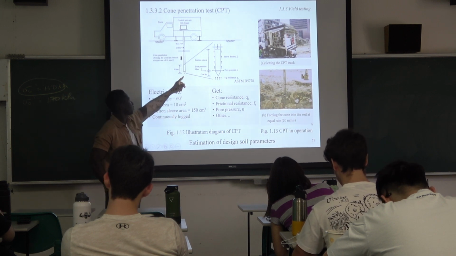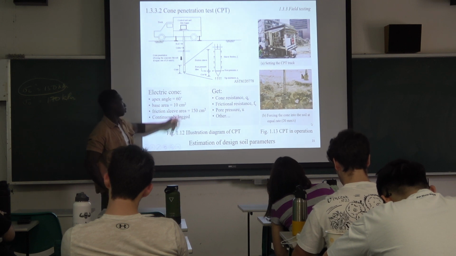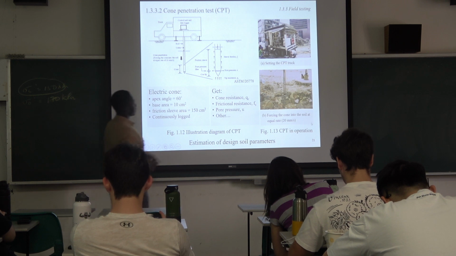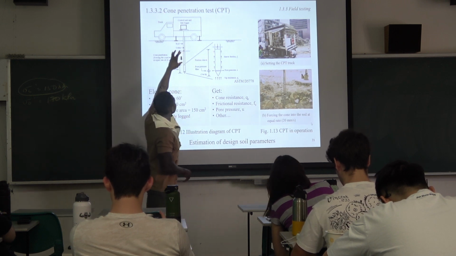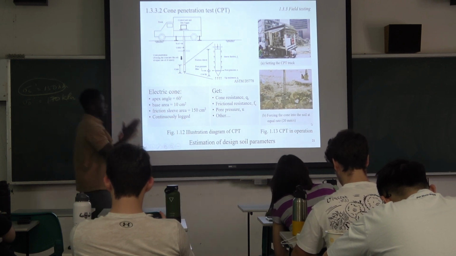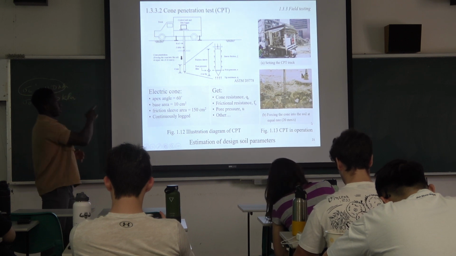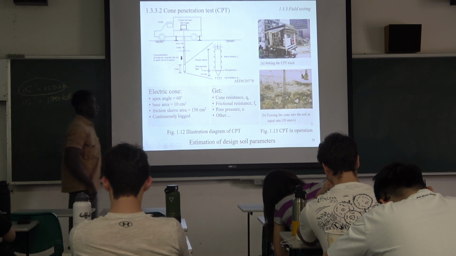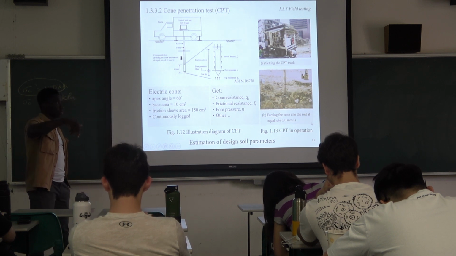And the base area is mostly 10 centimeters squared. And the frictional sleeve is like this, the contact between the ground and the cone. This is the area. And then they just keep pushing it into the ground.